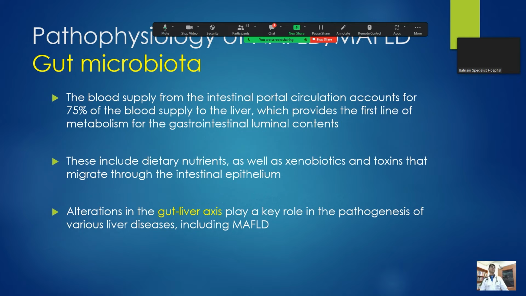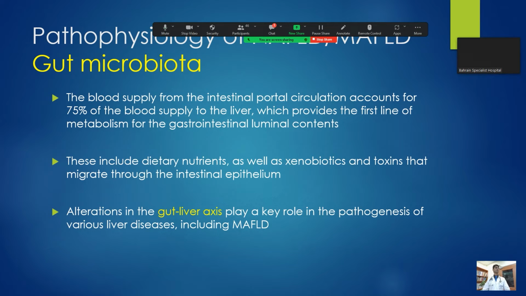The third concept is gut dysbiosis. Dysbiosis means a change in the bacterial flora which we have. Nowadays it is also considered a significant microbial signature for genetic purposes. And as we all know, up to 75% of the circulation for the liver comes from the portal vein, meaning from the gut, which is the reason this is called the gut-liver axis.